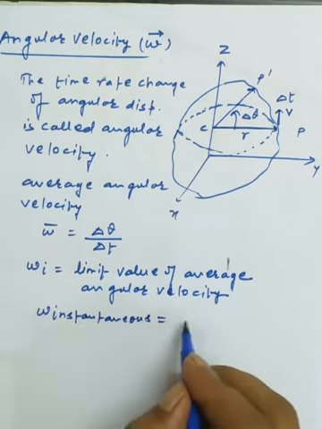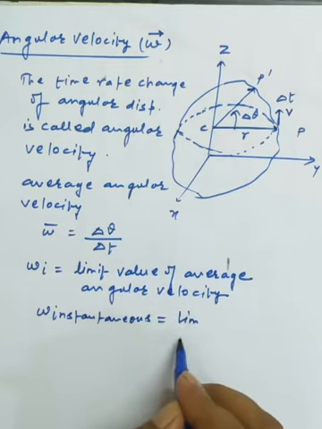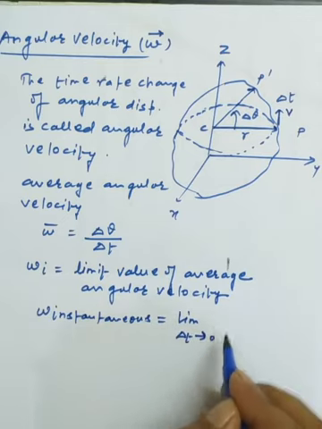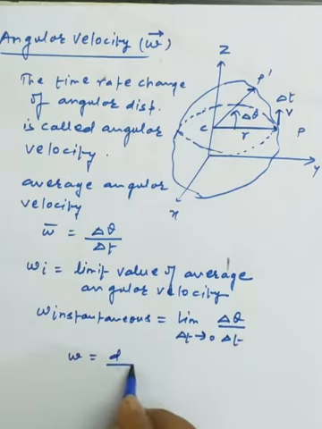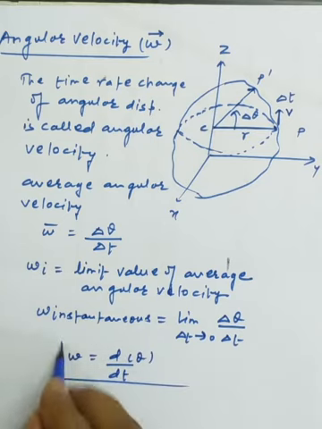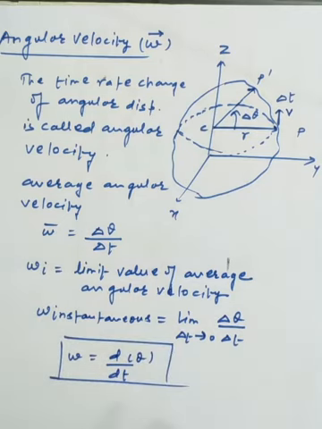As we apply the limit, delta t tends to 0, of delta theta upon delta t. So we get omega in the form of a derivative, d theta by dt. The rate of change of angular displacement is called angular velocity.